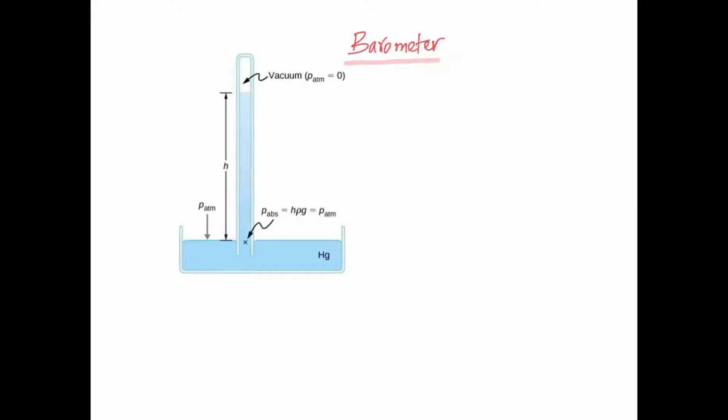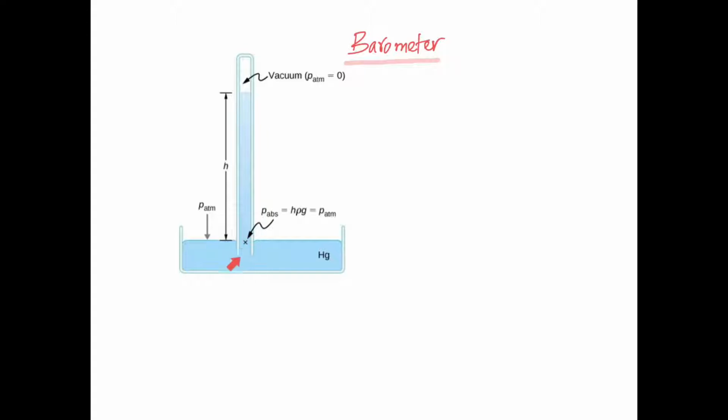He took a tube filled with mercury, and then inverted it into a container with mercury in it. He found that the mercury does not flow out completely. Instead, when he measured the height of the mercury in the tube, it was about 76 centimeters.